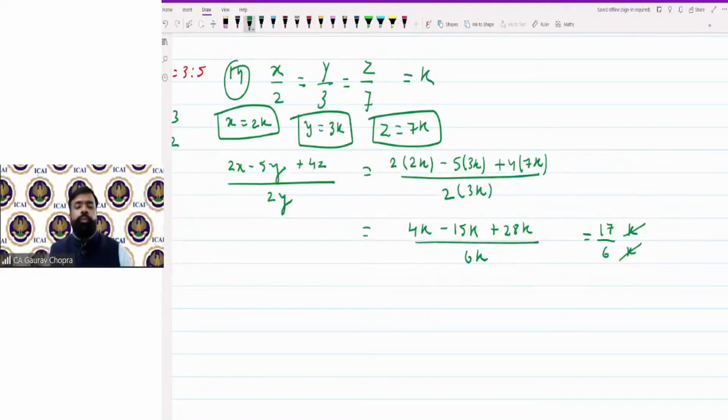And truly speaking, CA is not at all difficult if we are doing each and everything on a regular basis with consistency, with proper revision. And I was basically a science student. I was having science in class 11th and 12th. In class 12, in between, I changed my subject from science to commerce, and after that I pursued CA.